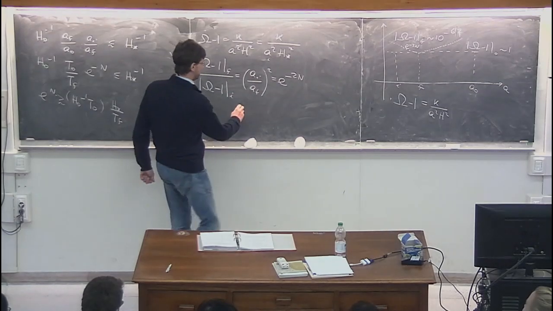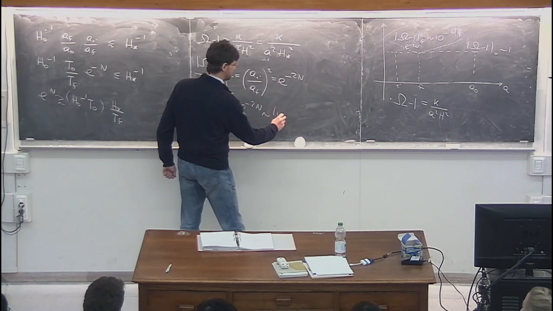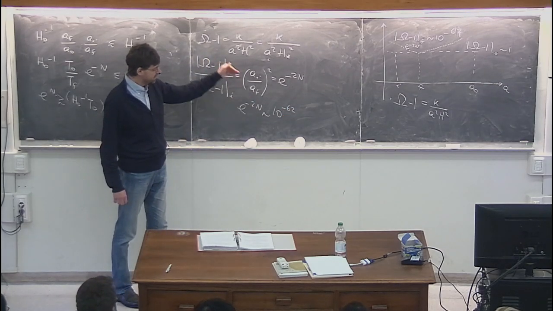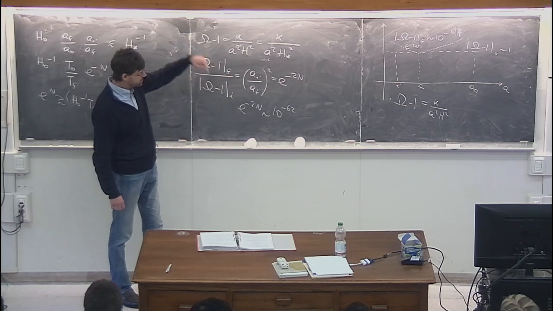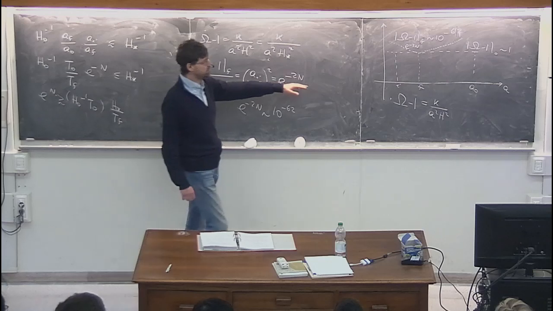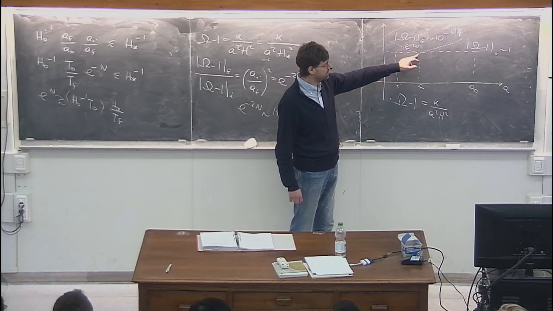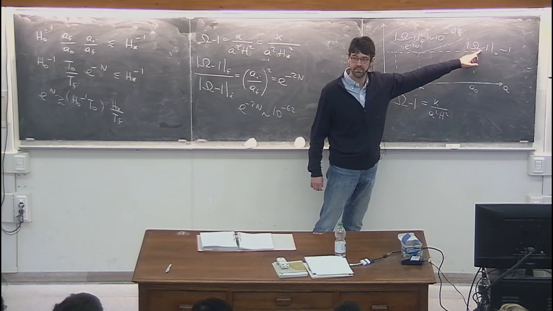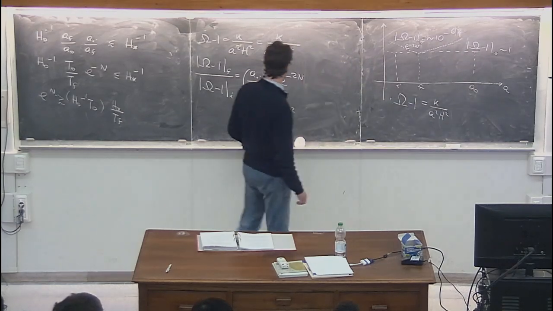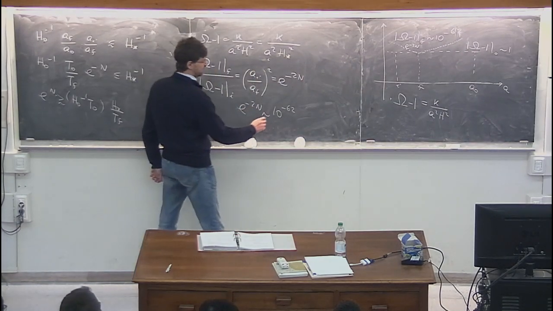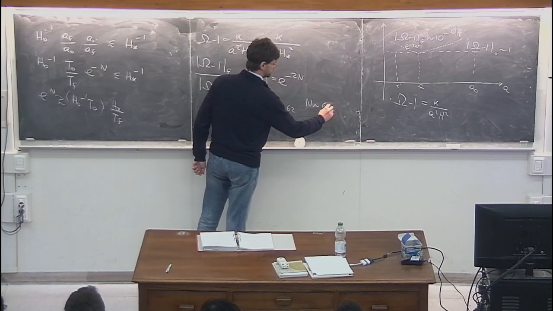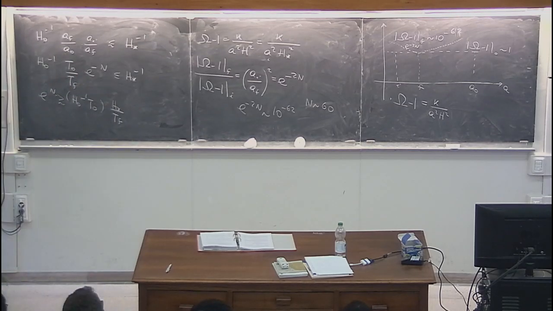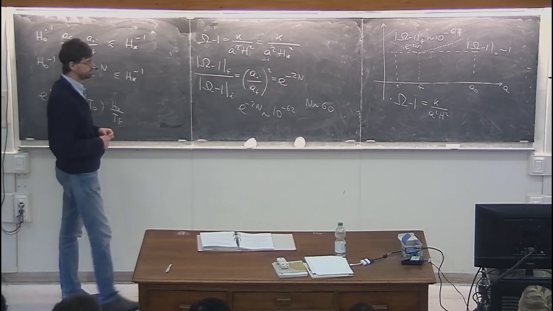If e to the minus 2N is of order 10 to the minus 62, roughly speaking, I'm done, because in this case, whatever value I initially have, it will drop down very quickly, and it will reproduce the 10 to the minus 62 that you need to start from in order to start the radiation era and go back to a value of order unity. You see? And again, if you put the numbers here, you get N of order 60. So this 60 is a typical number that is sufficient to solve the flatness problem as well. Okay?